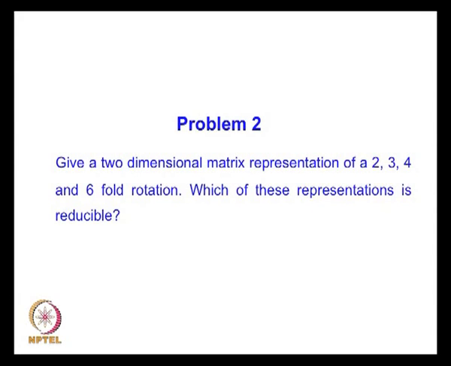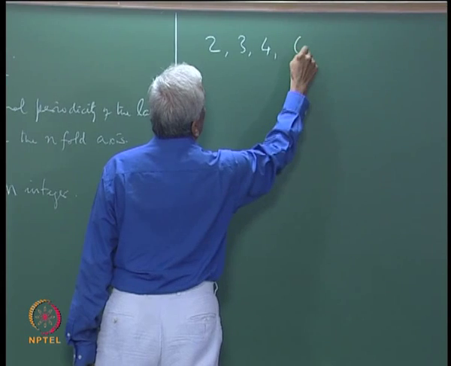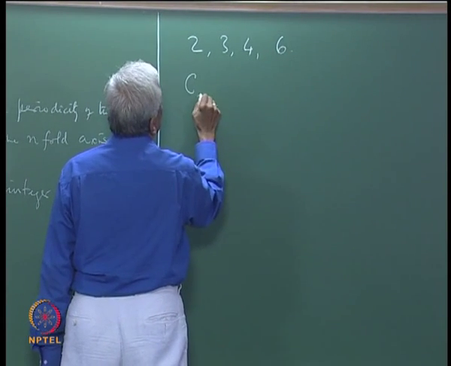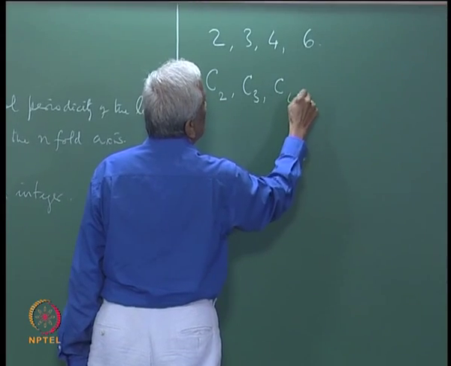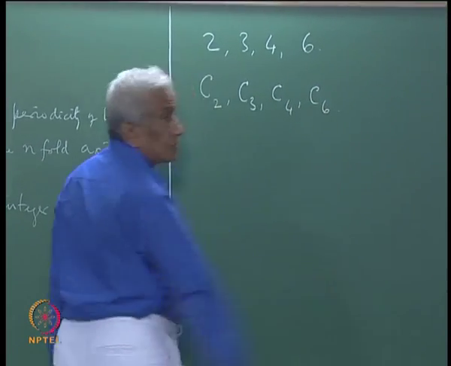The next problem talks about a 2-dimensional matrix representation of twofold, threefold, fourfold and sixfold axes of rotation, namely the groups C2, C3, C4 and C6.